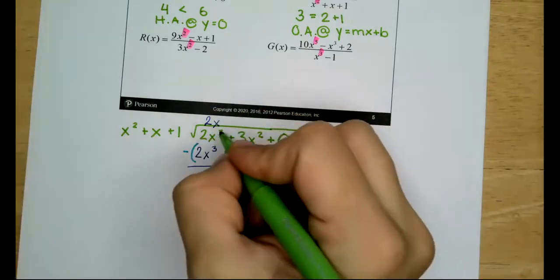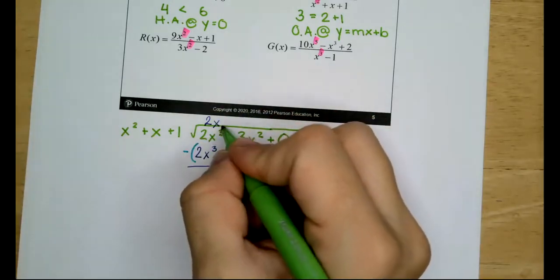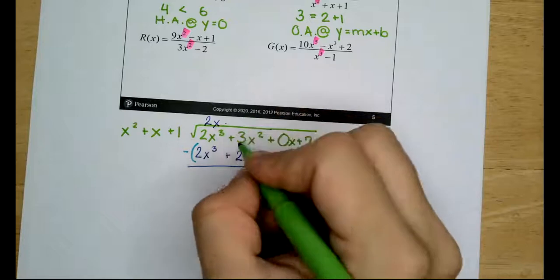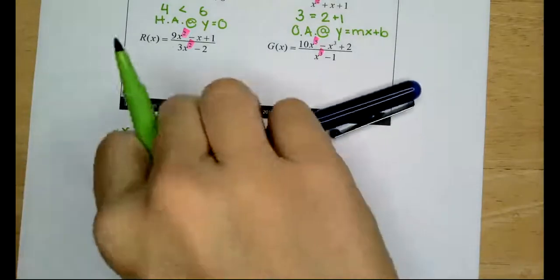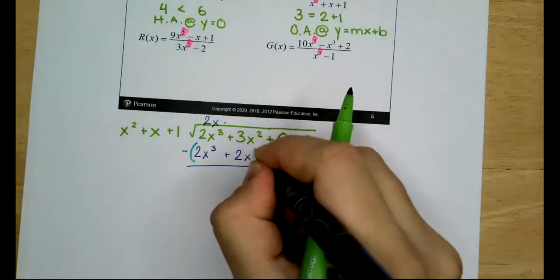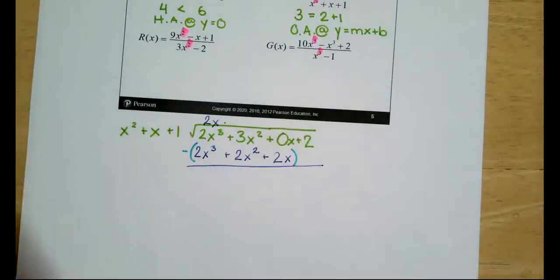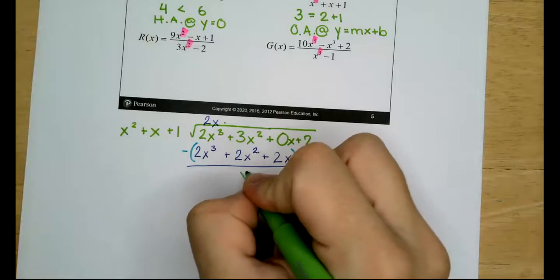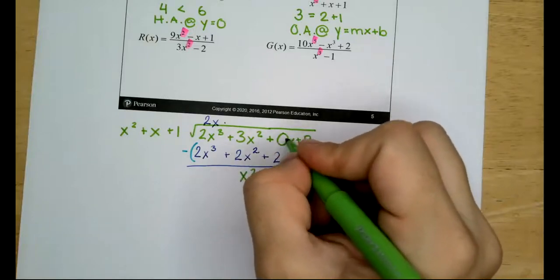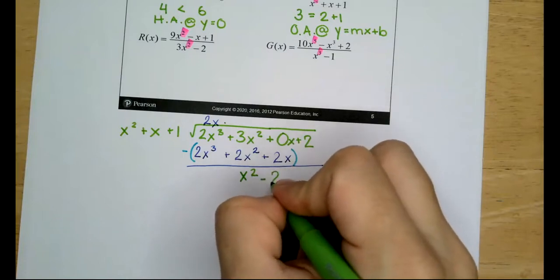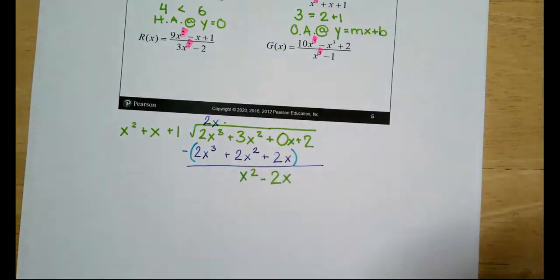So 2x to the third minus 2x to the third, they cancel. Plus 3x squared minus 2x squared is just x squared. And then 0x minus 2x would just be negative 2x.